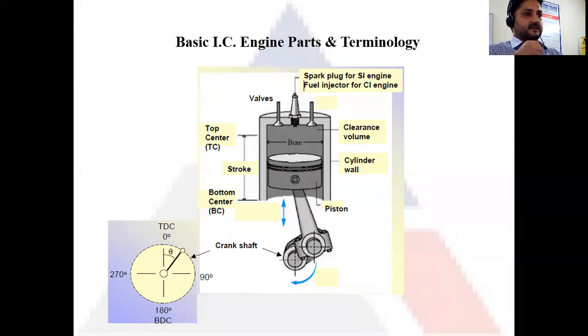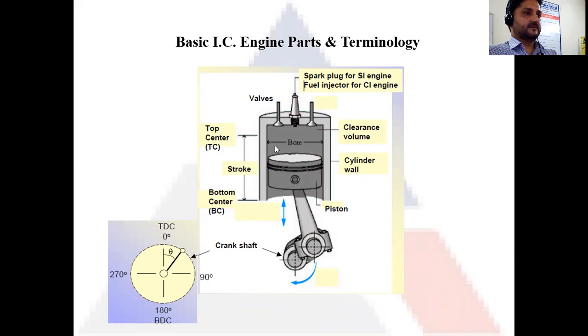So here we have a cut section of an IC engine. We start from the top. In any IC engine, there are two basic parts. One is your combustion chamber, that is a cylinder that is hollow from inside, and inside that hollow space there is a piston that moves up and down.